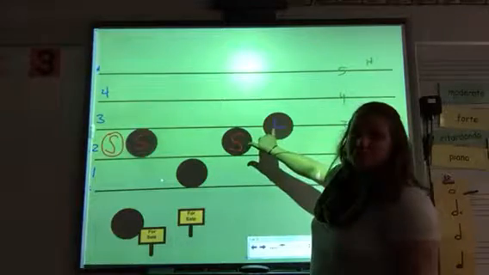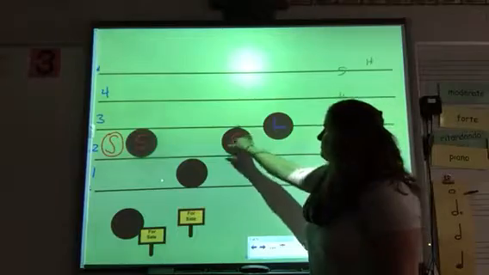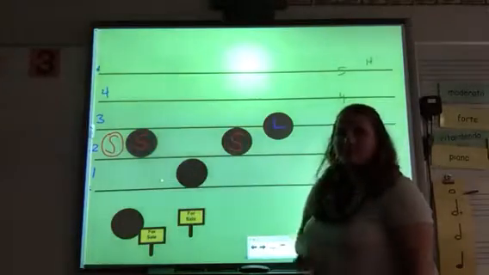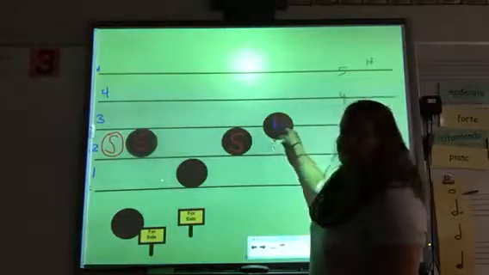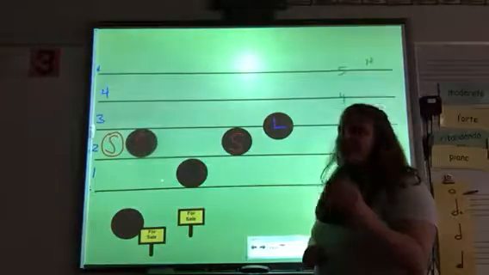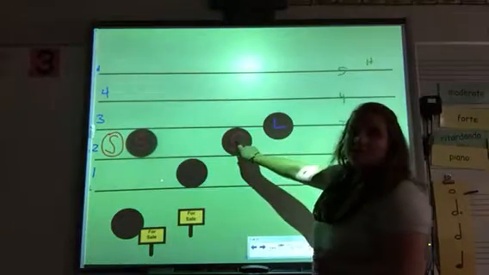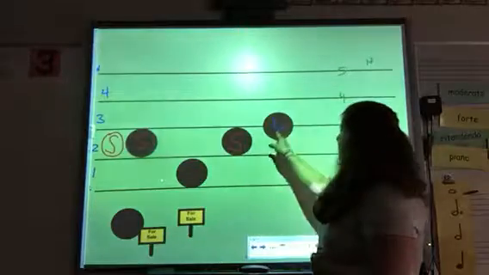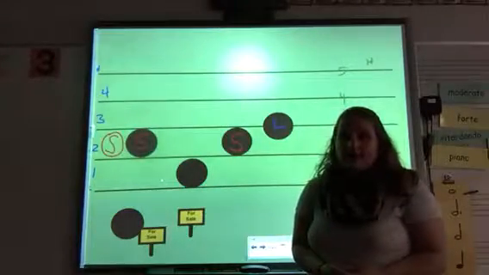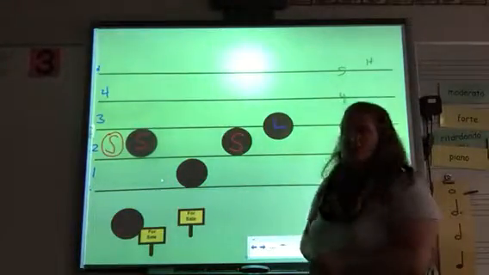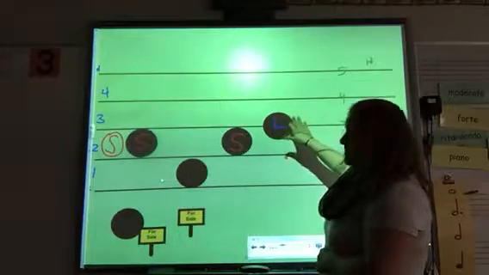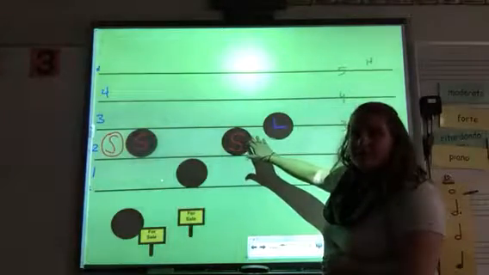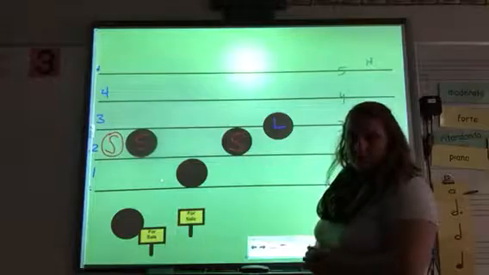Let's look at the relationship between them on the staff now. So is in a space. La is in a line. That must mean that when so is in a space, la will always be on the line right above. It has to be. Or if we know la first, then we know that so is always going to be in the space directly below la.